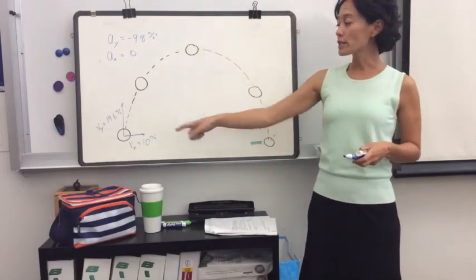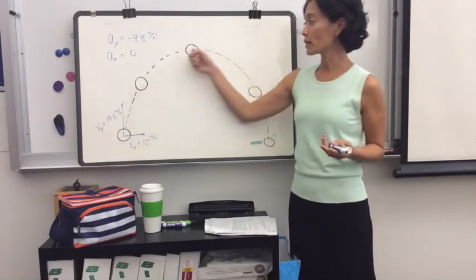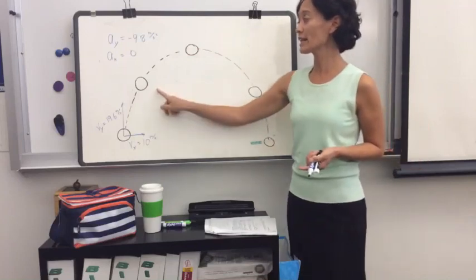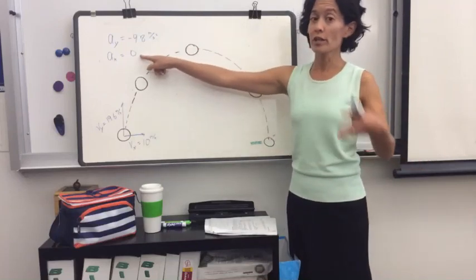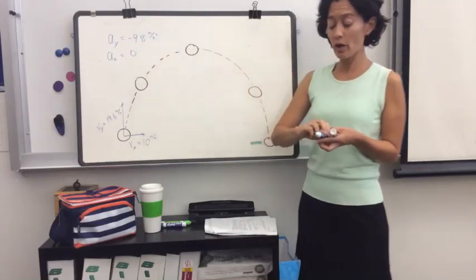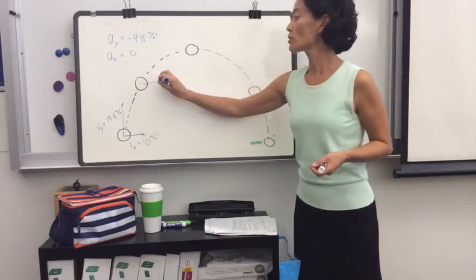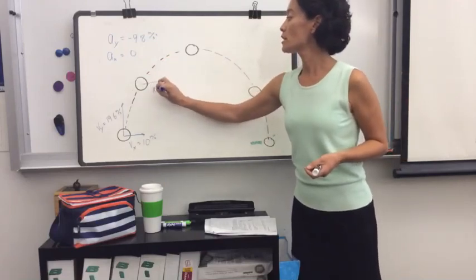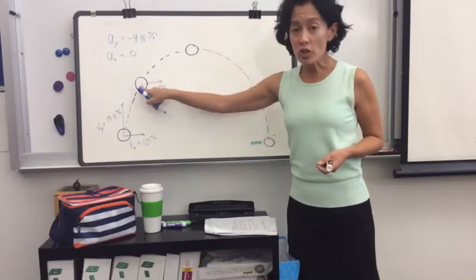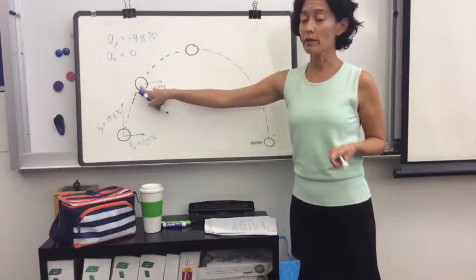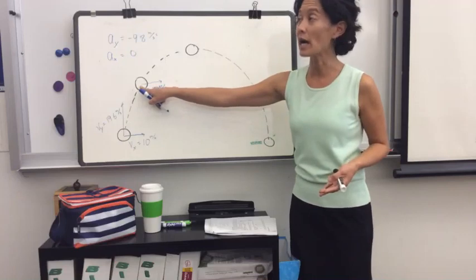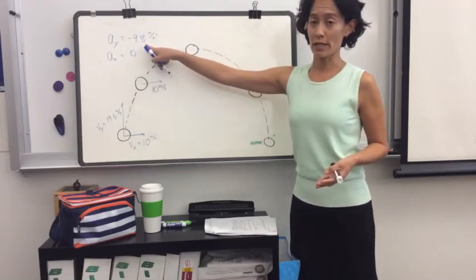So if I look at these intervals, and we're going to assume these are 1 second intervals, 1 second later, my horizontal acceleration of 0 has not affected my horizontal velocity. So my horizontal velocity is still 10 meters per second. My vertical velocity, though, has been affected by gravity. It changes by negative 9.8 meters per second.